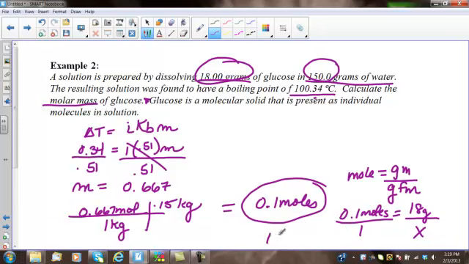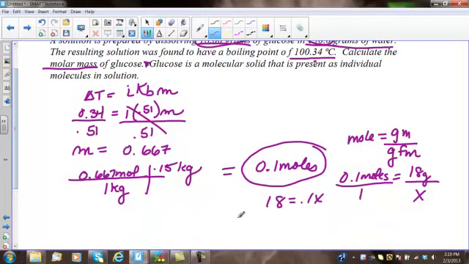So we've got 18 equals 0.1x. Therefore, x is equal to 180 grams. Okay.